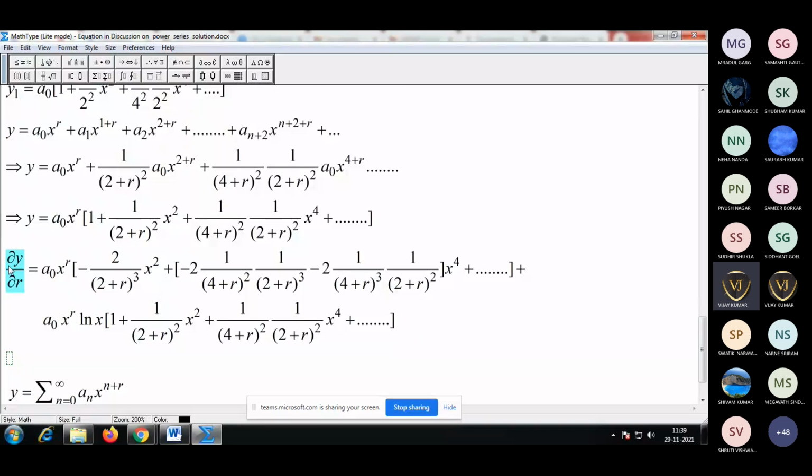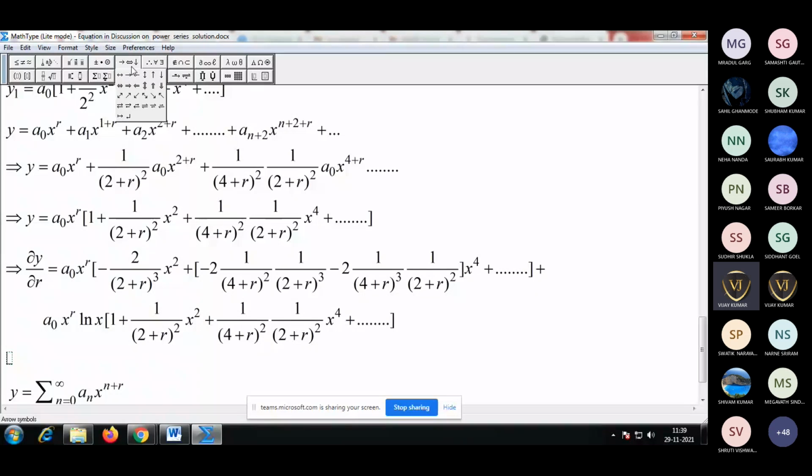And the second is there. Now we need to evaluate this del y by del r at r equal to 0. That will be y2. So y2 is equal to del y by del r at r equal to 0.